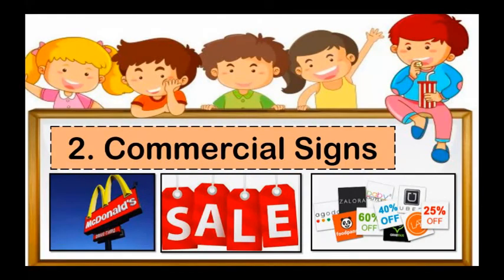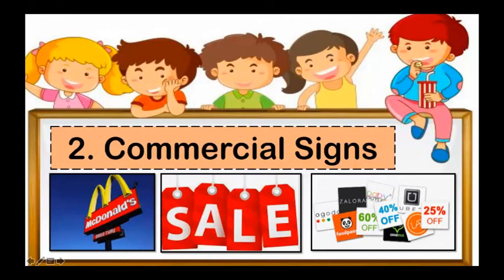So for your commercial signs in terms of your logo, in some places, even if we don't actually see the name McDo, Jollibee, Nike, or Adidas, if we simply see their logo, since we are familiar with these popular commercial signs, we can easily name these brands without seeing their names.